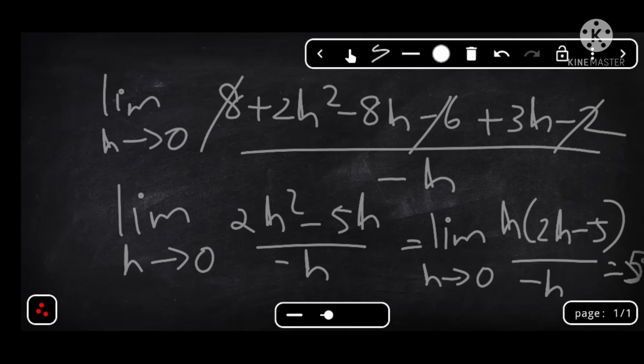Because if we substitute 0 over here, we get −5, and down we have a minus, so both minuses cancel and we get 5. Now we'll check for RHL.